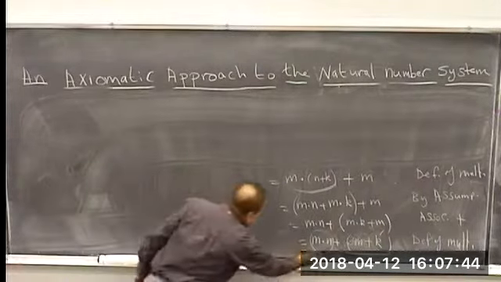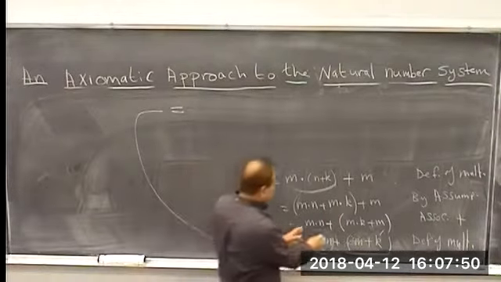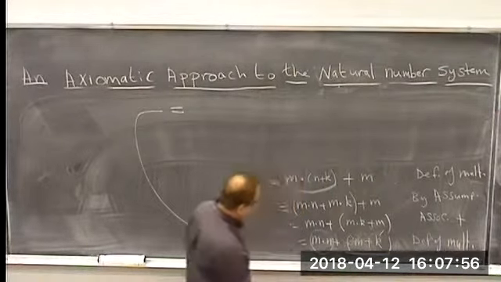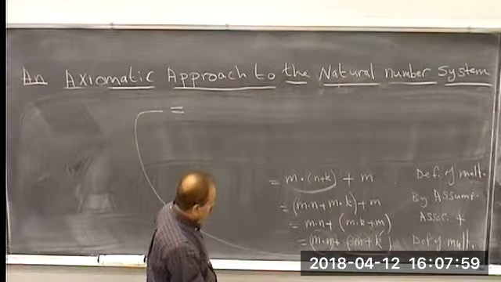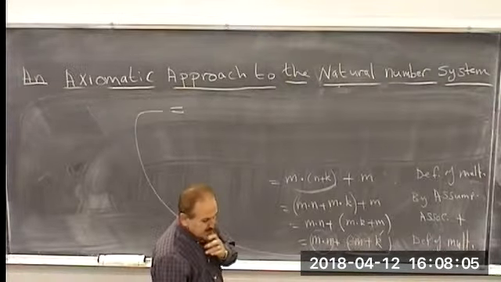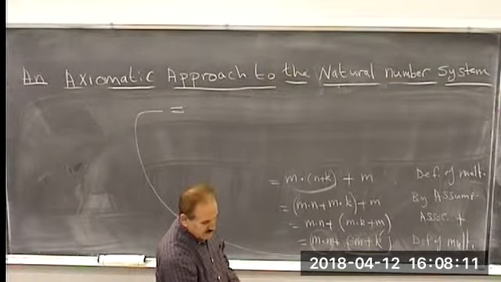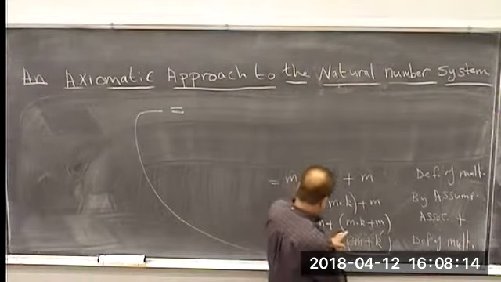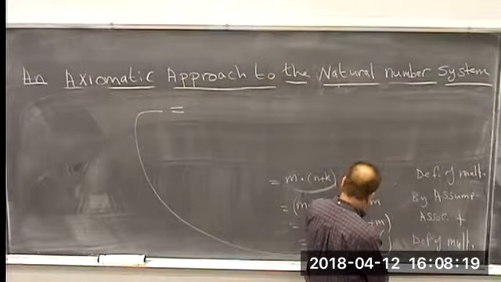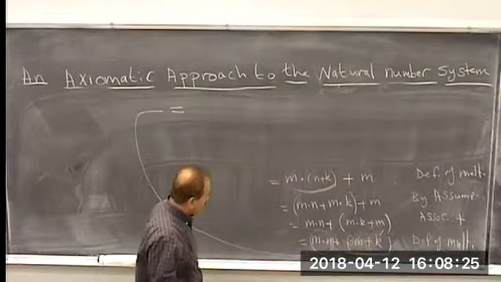I'm going to continue from here. So this is equal to a quantity plus m. The successor is on k. So we have m times k plus m. This is equal to m times the successor of k.